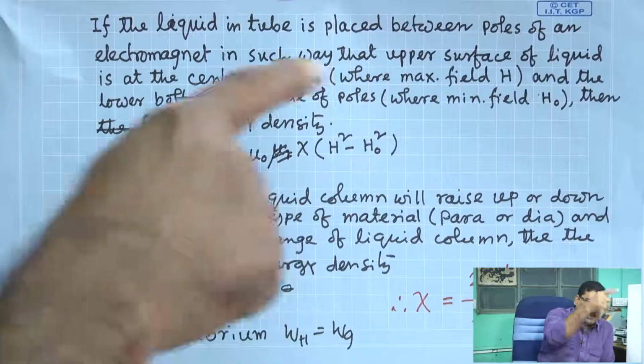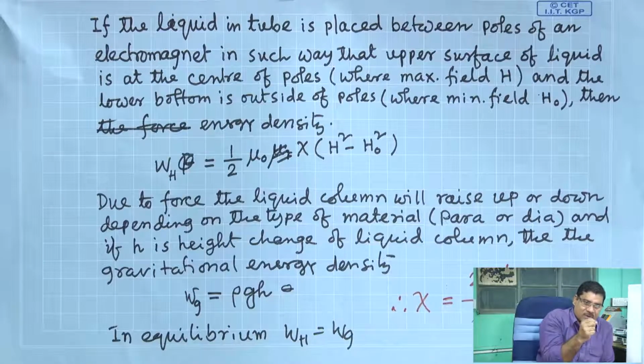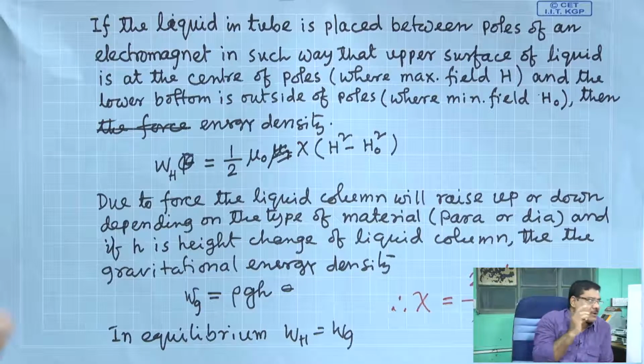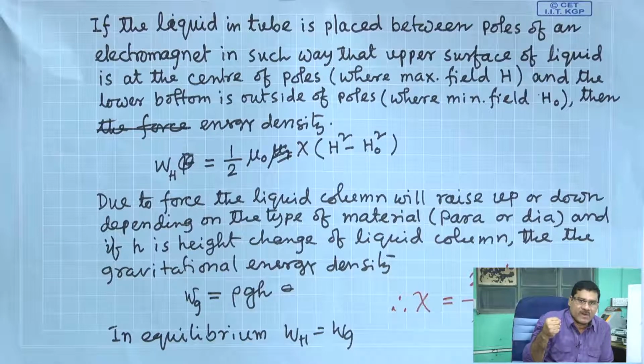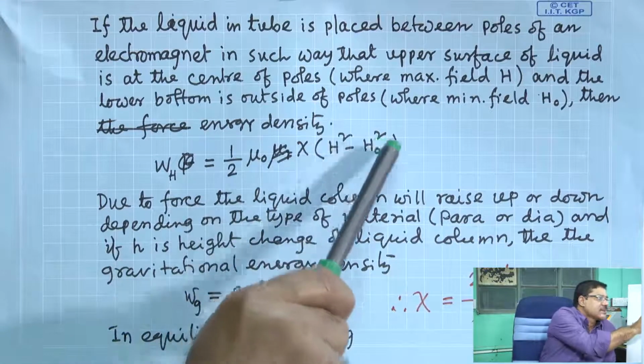You have seen this integration. The integration of f dx equals the integration of dH square. There we have written the result just from 0 to H, then it will be H square. Now, here if it is not 0, say H 0 is the minimum field there, then this will be H square minus H 0 square.